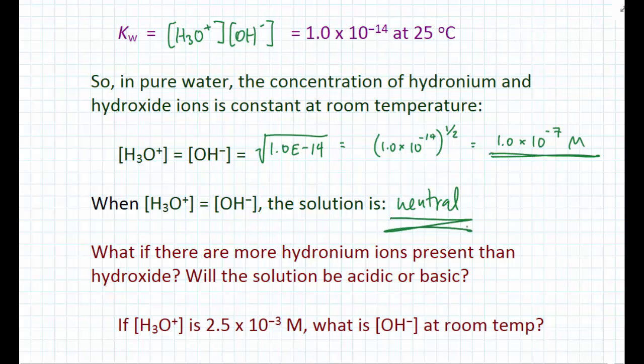So a neutral solution will have those concentrations of both hydronium and hydroxide. I think you guys see where this calculation might be going. What is neutral pH?